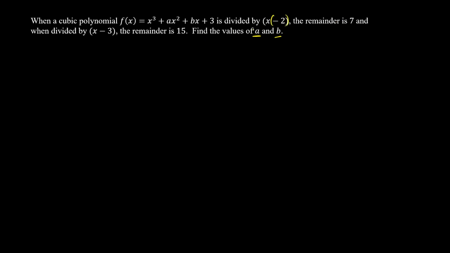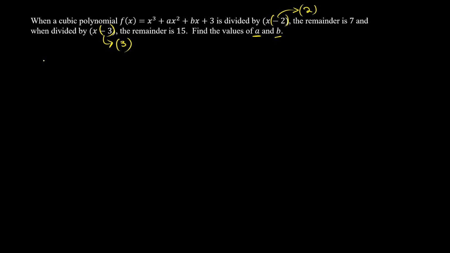So here we have minus 2, and if we multiply that by negative 1, that's a positive 2. So we'd be finding f of positive 2. And for the negative 3 here, we'd be finding f of positive 3, because negative 1 multiplied by negative 3 is equal to positive 3.